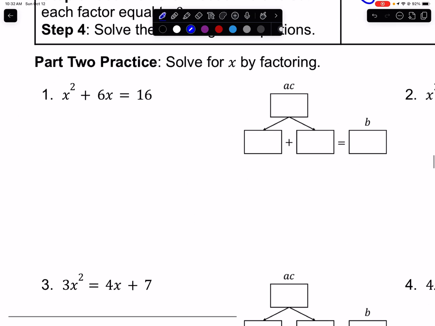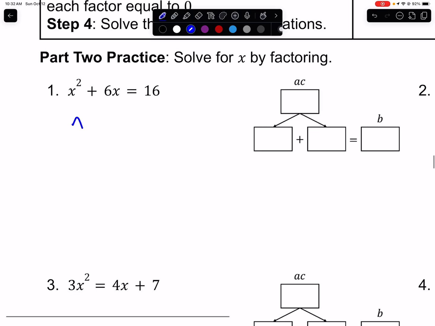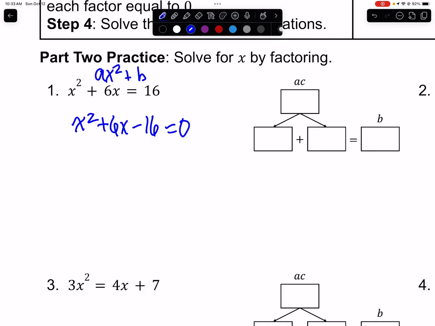So I'll go ahead and continue with the odds. So you have to set it equal to 0 first. And then remember, this is of the form ax squared plus bx plus c equals 0. Every problem will be.